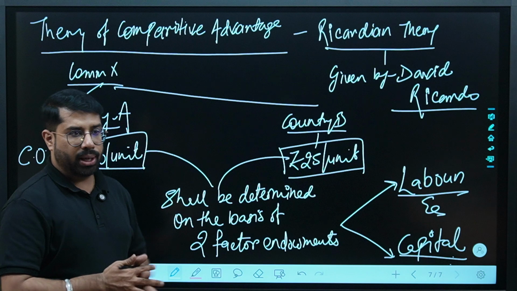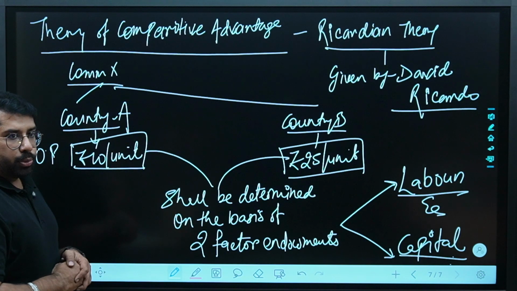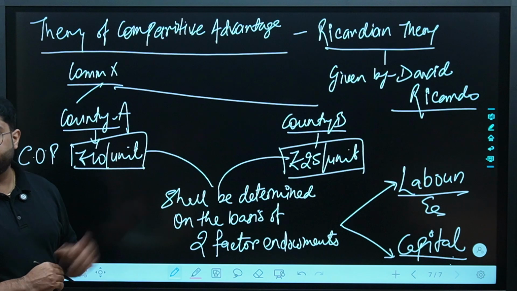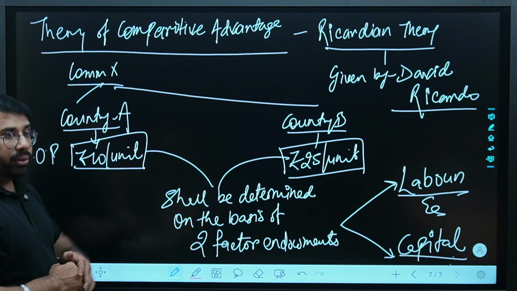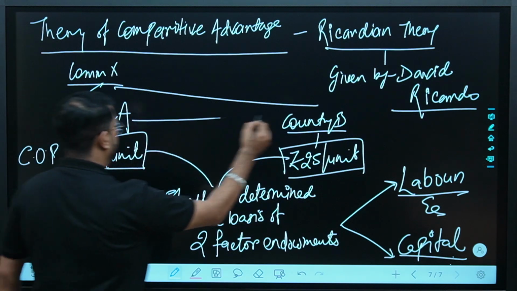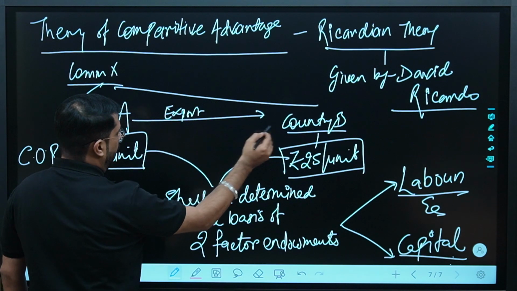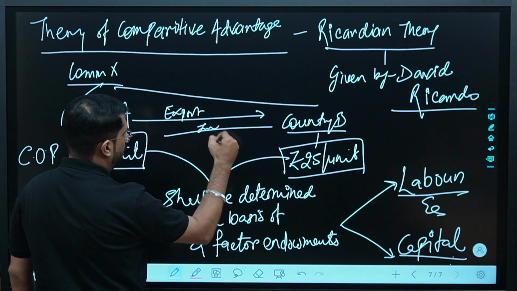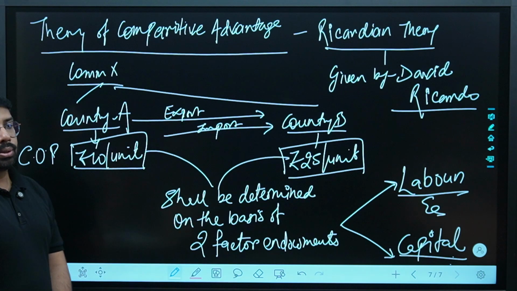Combined labor and capital, if country A is producing 1 unit of commodity X at 10 rupees per unit and country B is producing the same unit using both the factors at 25 per unit, again country A shall export it and country B shall import it. Are you clear?